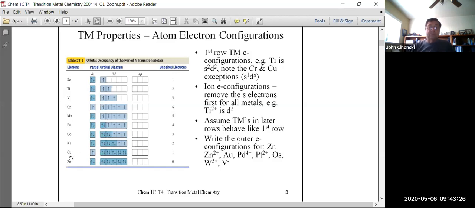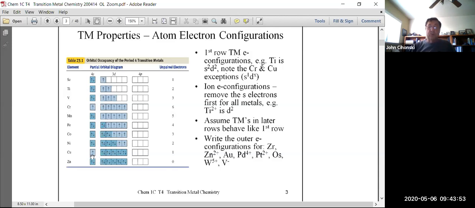Now look what happens with copper. If we add an electron to nickel, it would come here and give us 9 electrons in the d orbital, normally, we would think. But it turns out that the more stable d orbital is completely filled versus the d orbital with 1 unpaired spin.